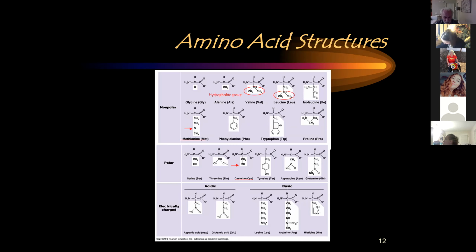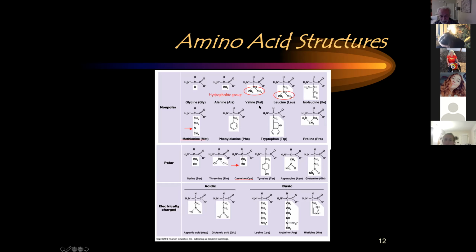Just 2 points I want to make about this. One I made before, and that is that 2 of the amino acids, methionine and cysteine, each has a sulfur atom. And that becomes critical a little later today when we talk about folding the protein.